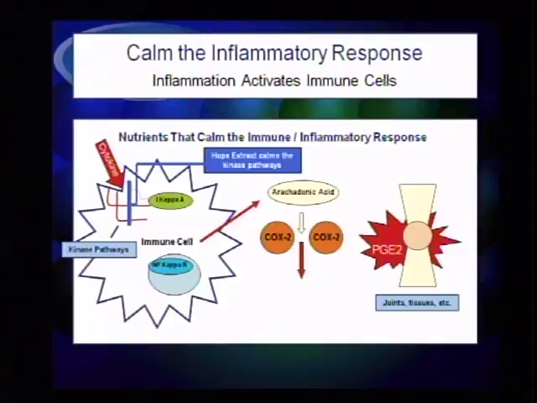This is not cutting off the housekeeping signals in the body. It's cutting off the response of the body to other signals that want to be pro-inflammatory. It's very important, the difference between housekeeping and cutting off that inflammatory response.